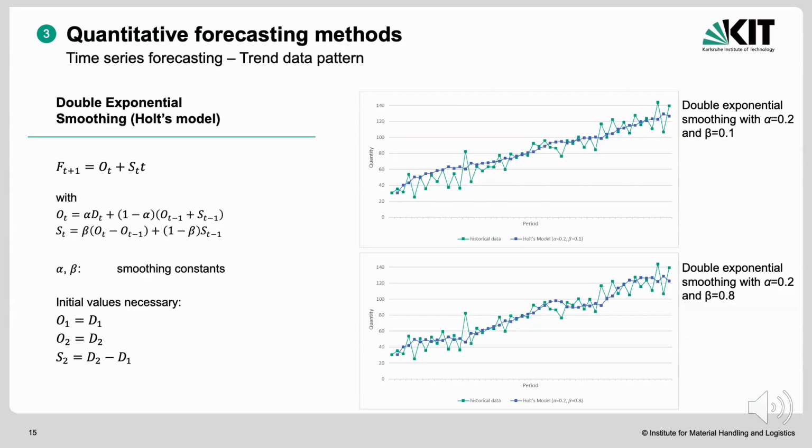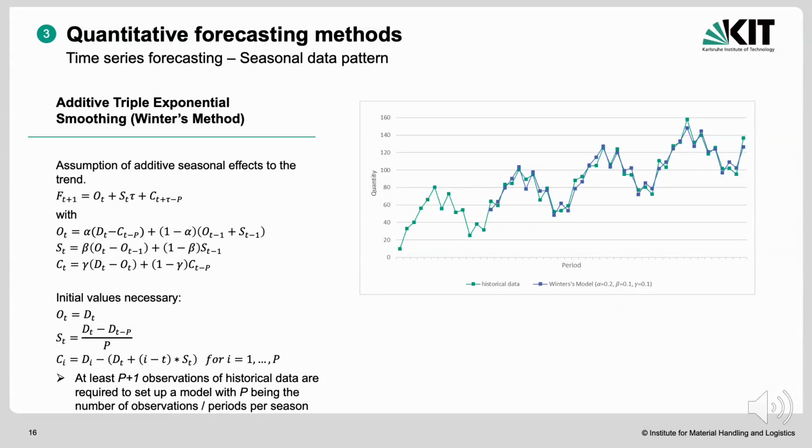which we of course have to determine. We can also try to add a seasonal data pattern. This is the so-called Winters method or the Holt-Winters method. So it's additive triple exponential smoothing, where we smooth the offset as well as the slope as well as the cycle. And we have three smoothing factors, alpha, beta, and gamma.